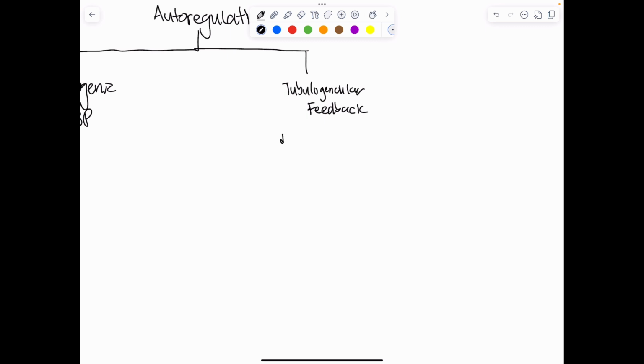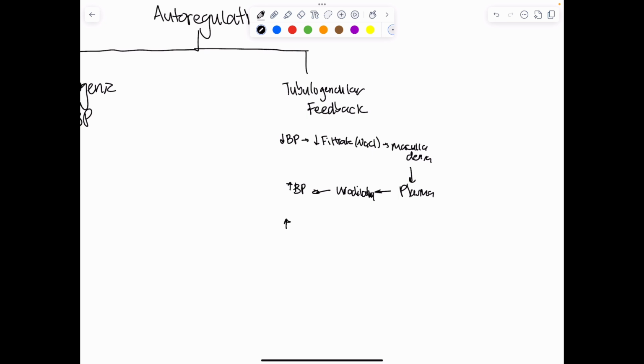So let's say we decrease blood pressure, that will decrease our filtrate, our NaCl. Then it goes to our macula densa, to our plasma. Then we'll have vasodilation, and that will increase our blood pressure.